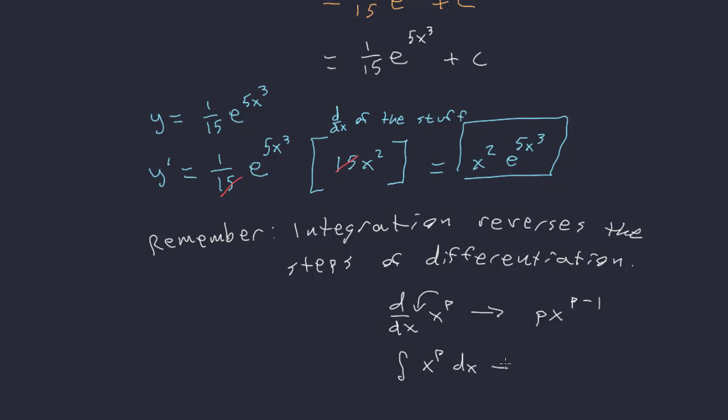Instead of subtracting by 1, you add by 1, and then you divide by that value. So it's not even just that you go backwards, you do the steps in the reverse order, and you do the opposite operation. So instead of subtracting, you add. Instead of multiplying, you divide. Instead of doing the multiplication first, then the subtraction, you do the addition first, then the division. Right? So integration always reverses your differentiation.